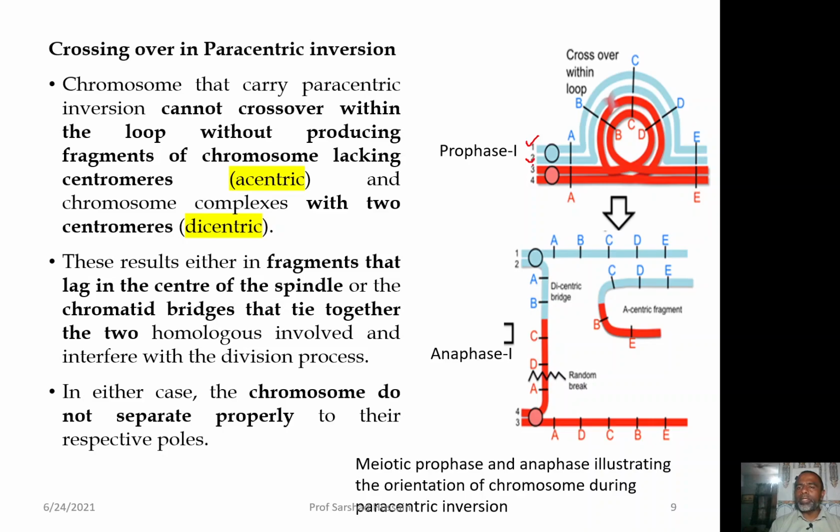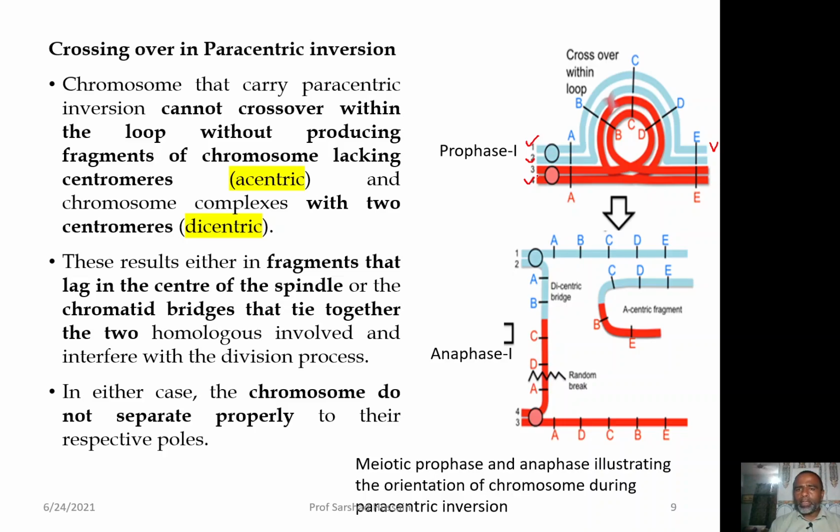In the previous one we reached from this end to this end. Now you start from 2: it has A, then the blue B, then it will cross, and because crossing has taken place, it will go with the red C, then the red D, and then go below and come there with the red A. So, it will be blue A, blue B, red C, red D and red E. This is the chromatid which is joined with two centromeres because of the crossing over, otherwise it was separate.